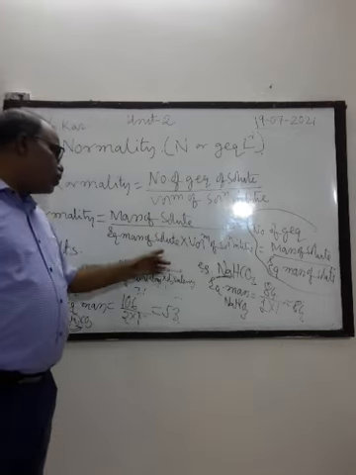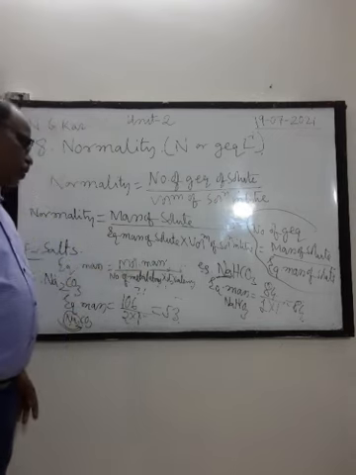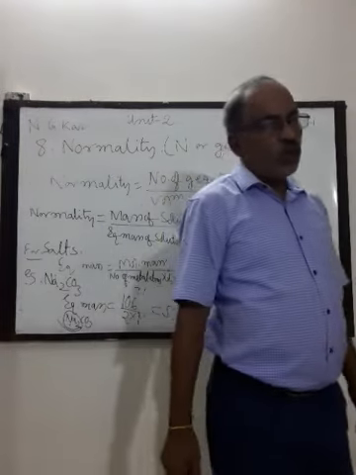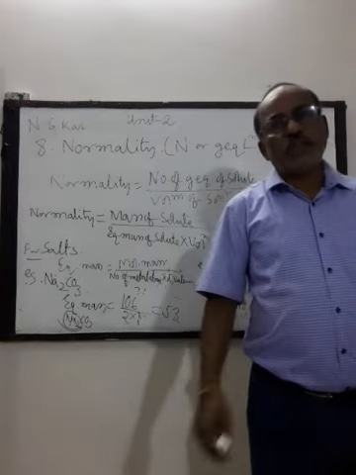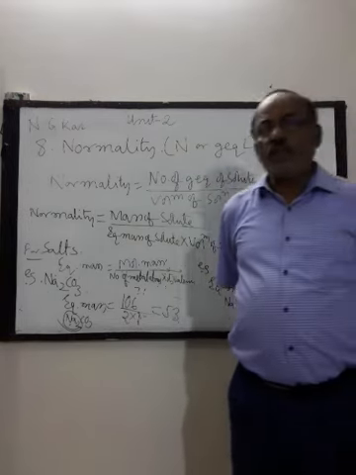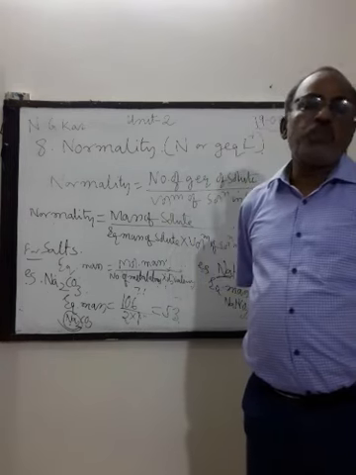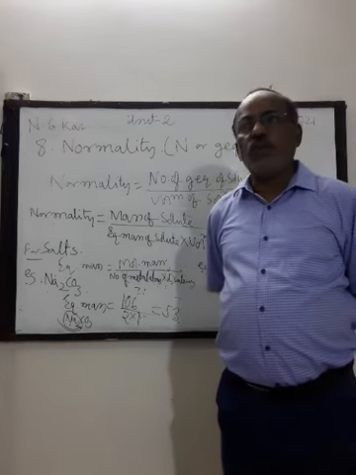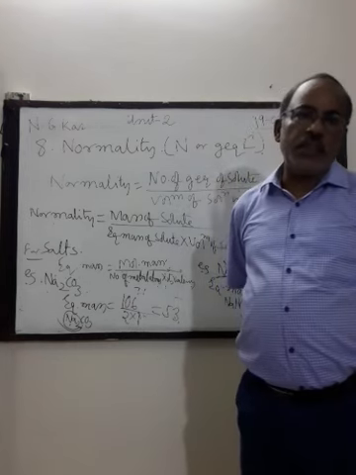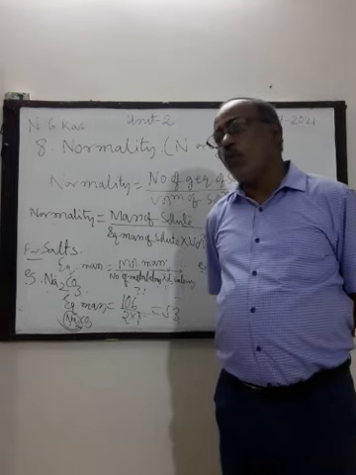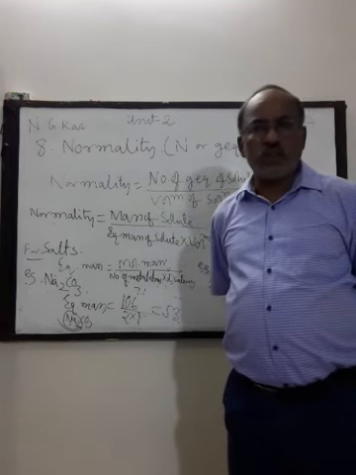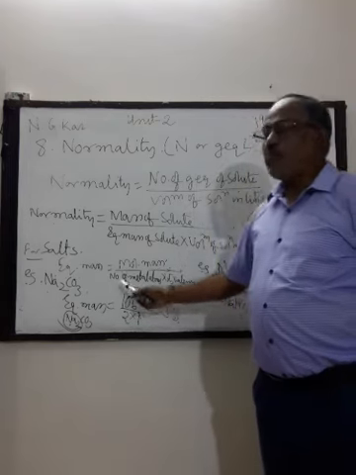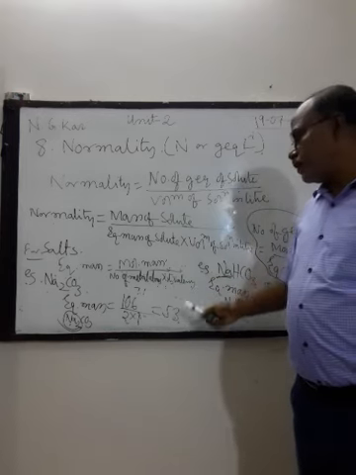Now equivalent mass of solute is a new term for us. The equivalent mass term is different for acid, base and salt. For acids, equivalent mass equals molar mass divided by basicity, the number of replaceable hydrogens. For bases, equivalent mass equals molar mass divided by acidity, the number of OH groups present. And for salts, equivalent mass equals molar mass divided by the number of metal atoms into its valency.